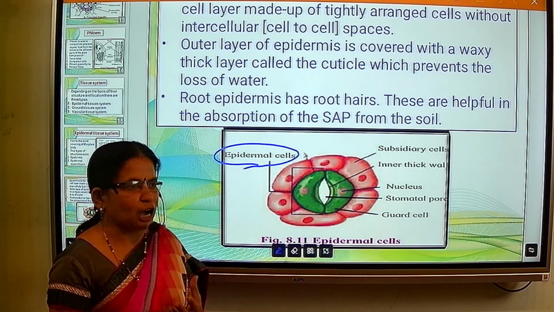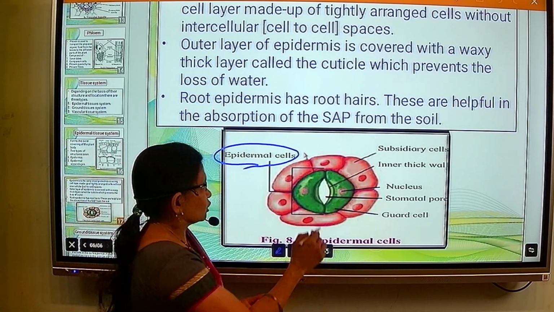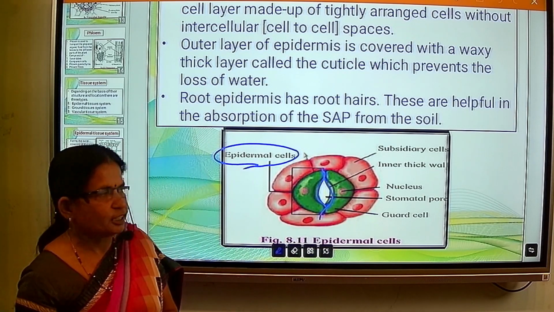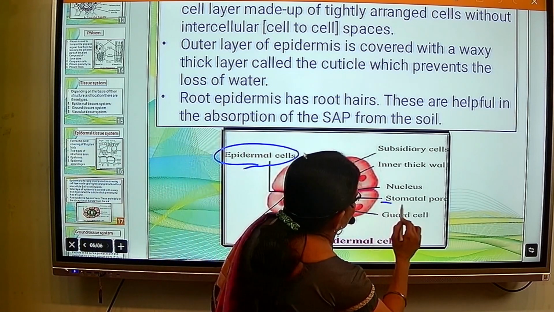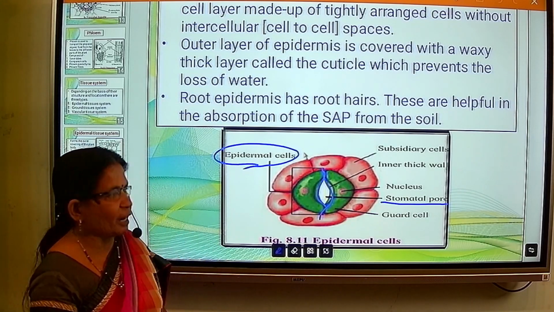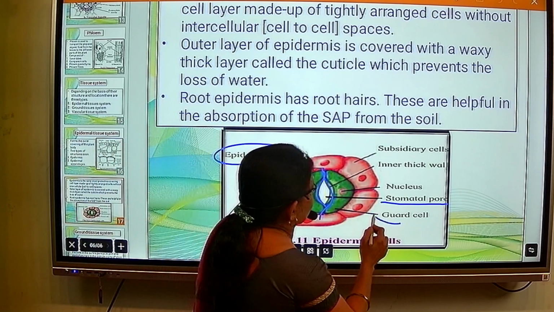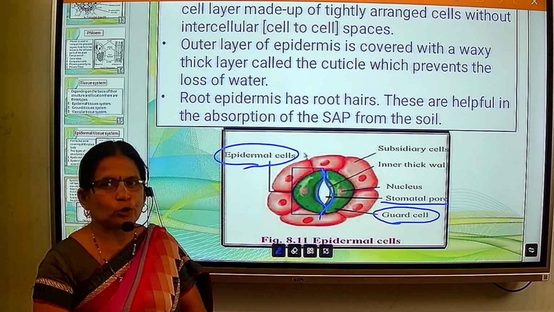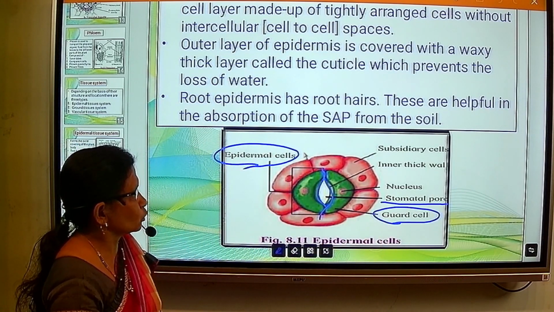Epidermal means outer layer. A minute aperture is present here. See this one. It's called the stomatal pore. Around the stomatal pore, there is the guard cell, which consists of chloroplast and nucleus.